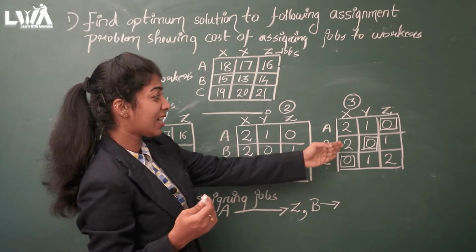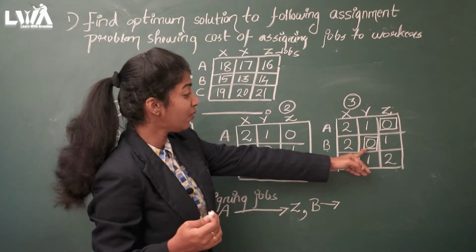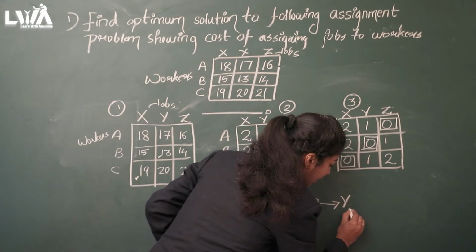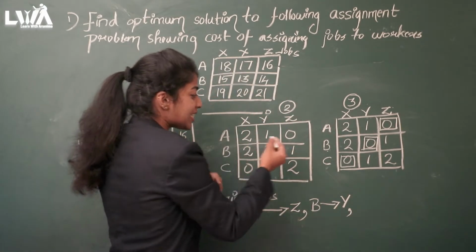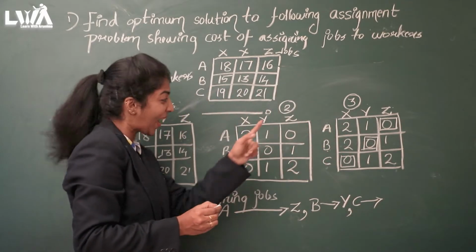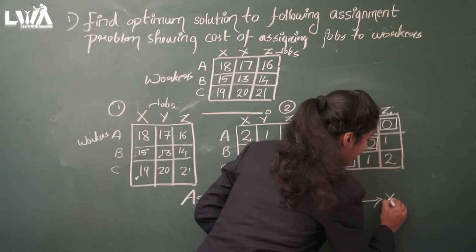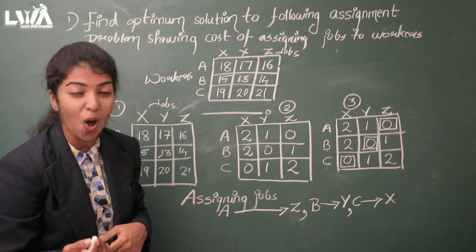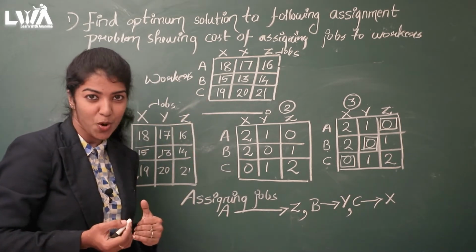Just have a look. Y. In Y we have marked a 0, so we give the job Y. Then for the worker C, which job are we giving? Yes. Okay. So this is the way we assign jobs using the assignment problem.